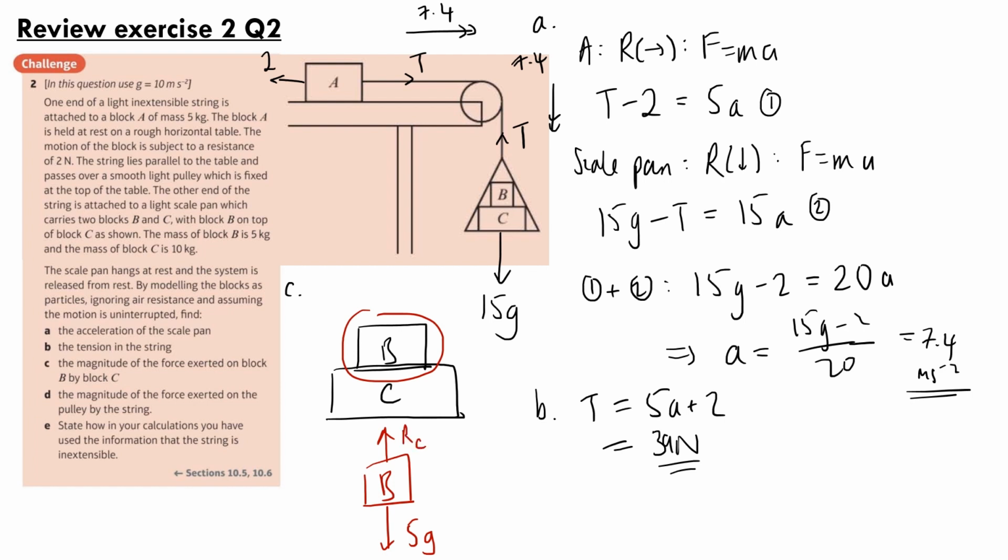And those are the forces that B is experiencing. We know that the acceleration is 7.4 going downwards. So we can use F equals ma on just the block B. If we resolve downwards, we have that F, so that's 5g minus RC, is equal to the mass 5 times the acceleration, 7.4.